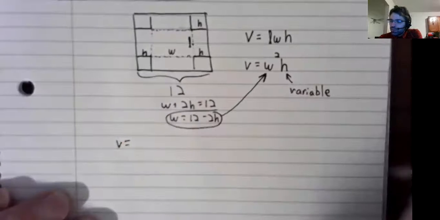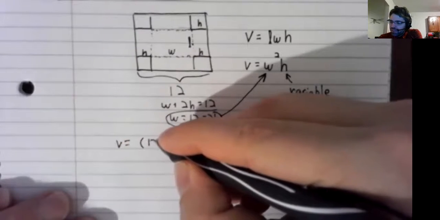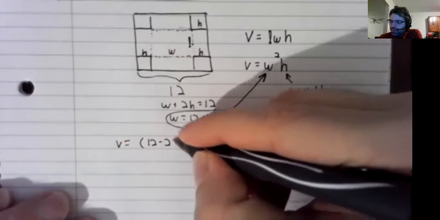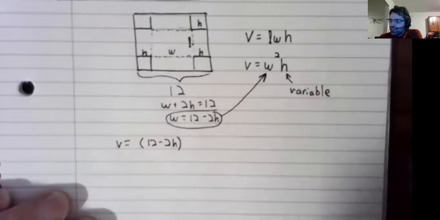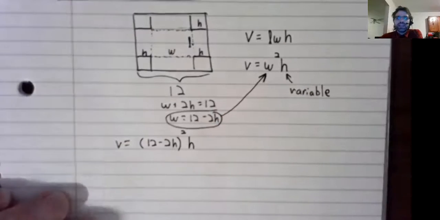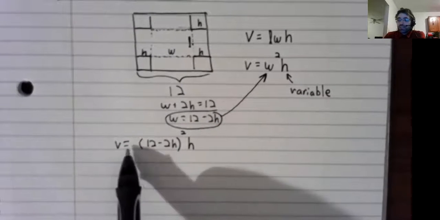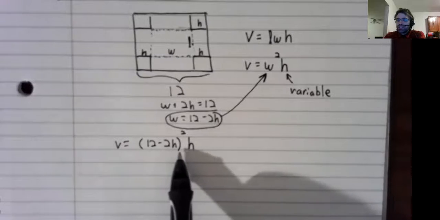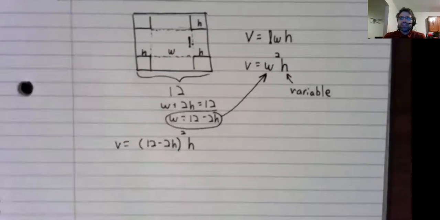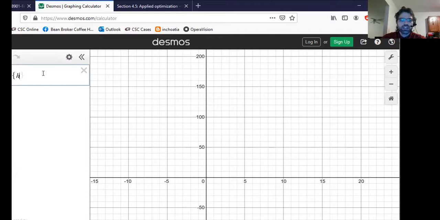The volume, then, is 12 minus 2H squared times H. And we're trying to maximize this. Let's take a look. Here's what the graph looks like.